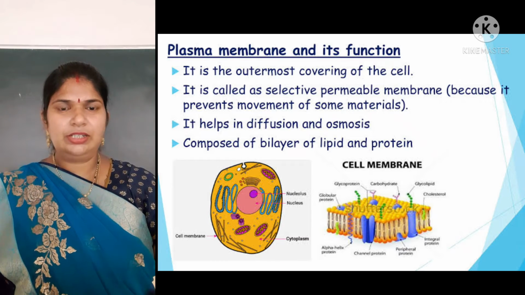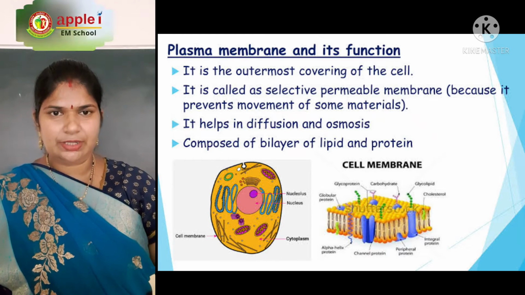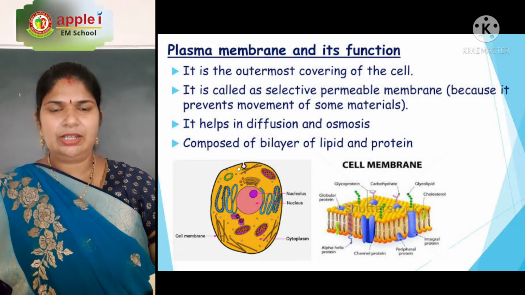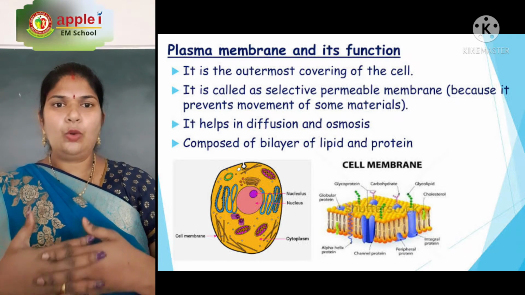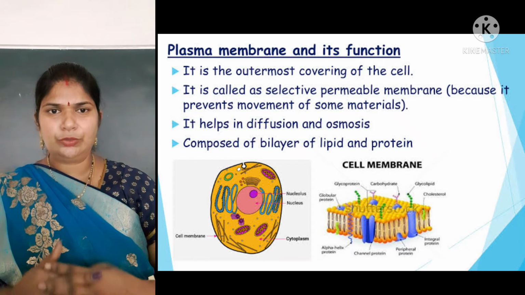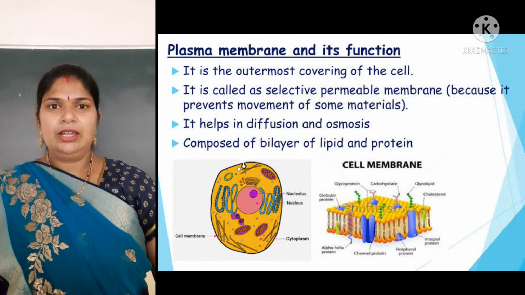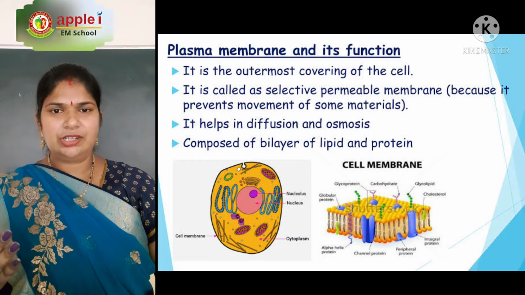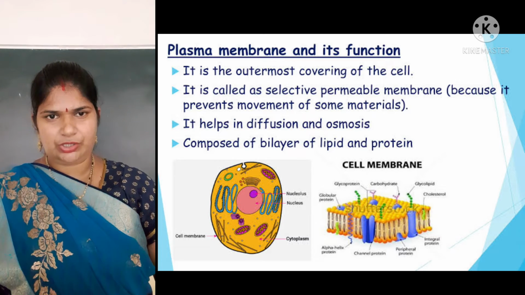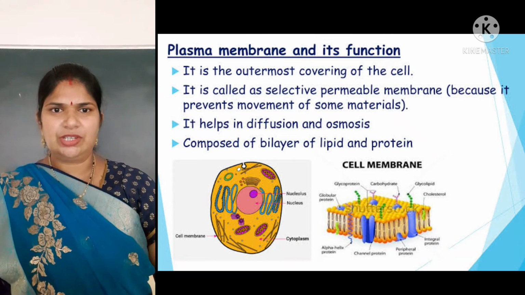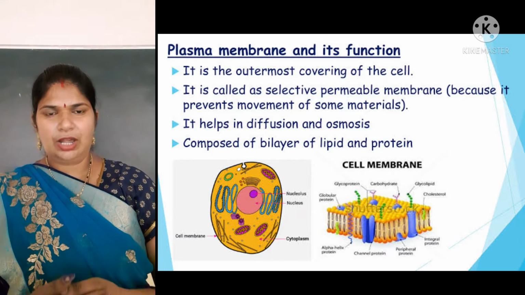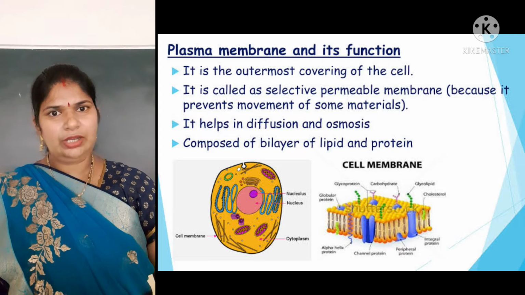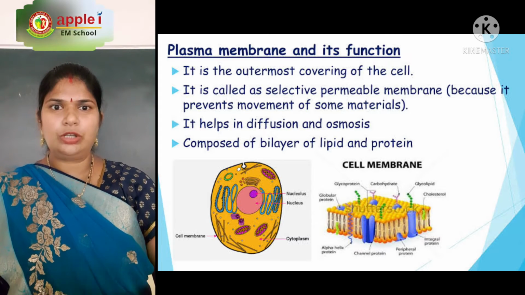So why do diffusion and osmosis take place, children? Diffusion is nothing but the cell membrane allowing the movement of outside materials into the cell, from high concentration to low concentration. And what is osmosis? Osmosis is the movement of water into the cell and out of the cell.